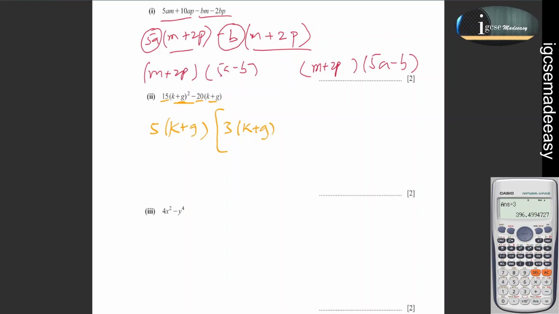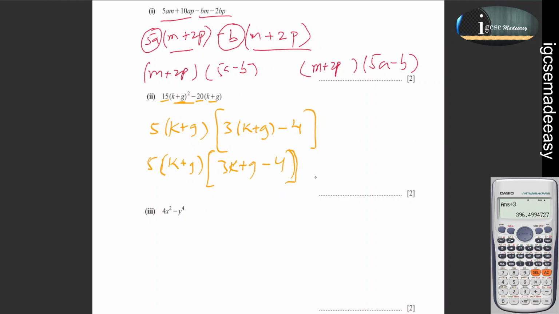Then minus 4, because 5 times 4 is 20 and k plus g is there. Now we can just open up the bracket: k plus g, and 3 k plus g minus 4.